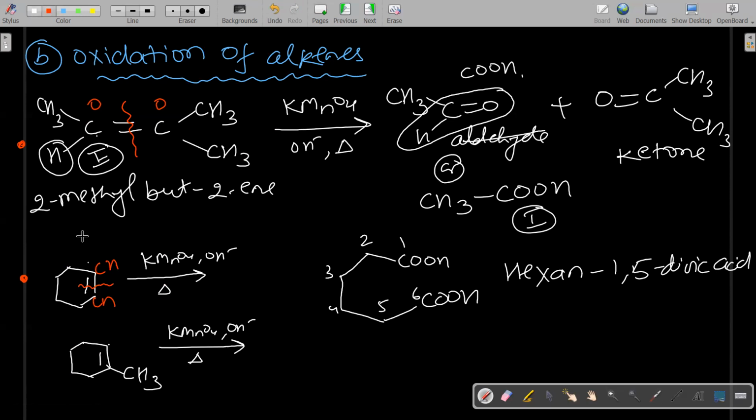Okay. You can see this one also. In this case also the double bond cleaves, and this carbon will form ketone, but there is a CH, so this one forms acid. So what product will we obtain over here? This is acid, and here we get ketone. Like this we get this product. So you can write the IUPAC name of this compound. What is the name of this compound? 1, 2, 3, 4, 5, 6, 7.